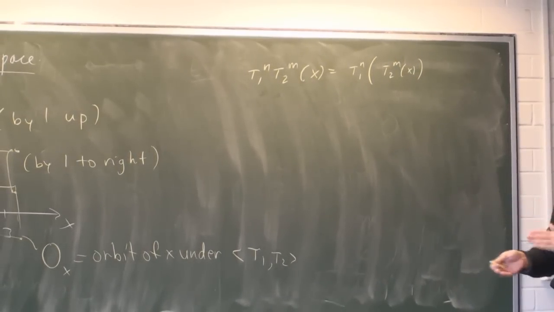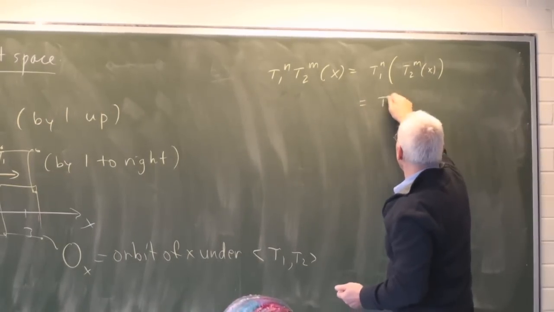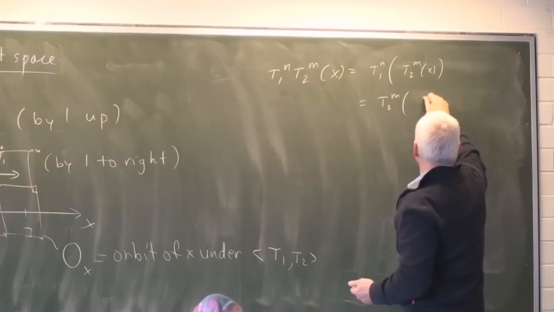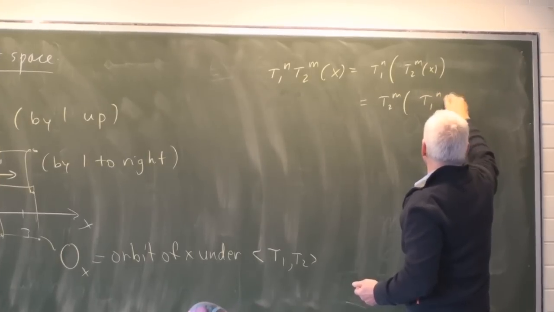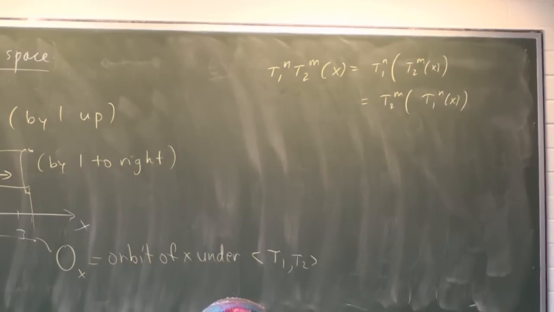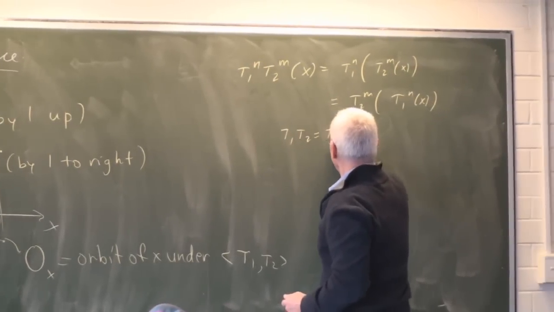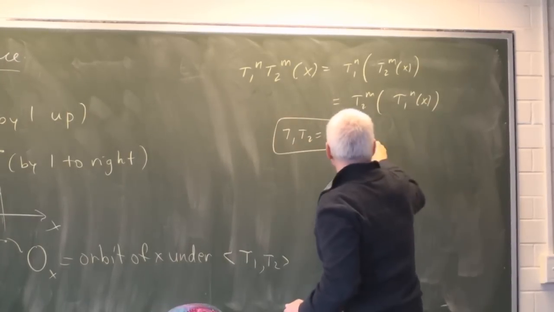But these two transformations commute. It doesn't matter what order you do it. So this is really the same as what you'd get if you started with x, applied tau 1 n times to it, and then applied tau 2 m times. That's because tau 1 times tau 2 equals tau 2 times tau 1. These two commute.